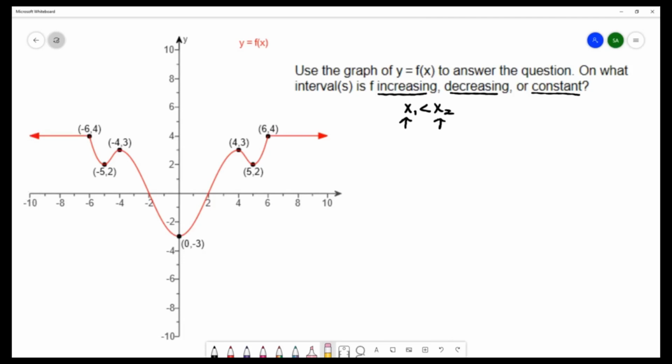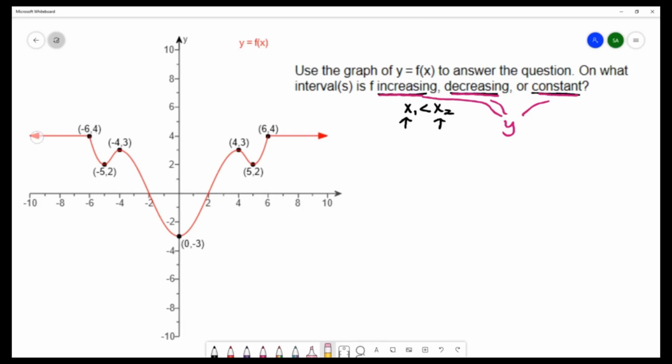And as I trace over this graph, what I'm going to pay attention to is the y values. These words of increasing, decreasing, and constant are words that are describing the y. So as I trace through this graph, I can see that along this path, the y's are constant, they're not changing.